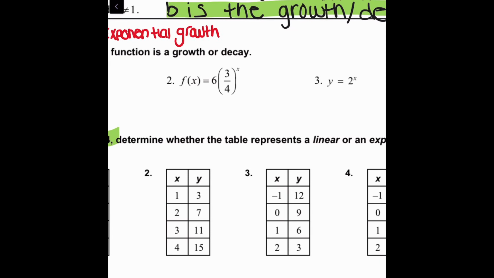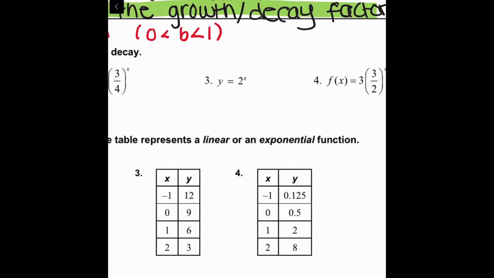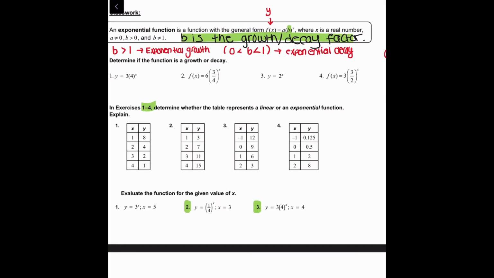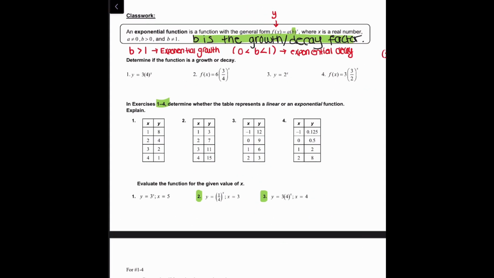And when b is between 0 and 1, we're looking at exponential decay. Those are the two cases we're looking at in today's lesson. For the first one, 4 is the number inside your parentheses. Since 4 is greater than 1, this is exponential growth.